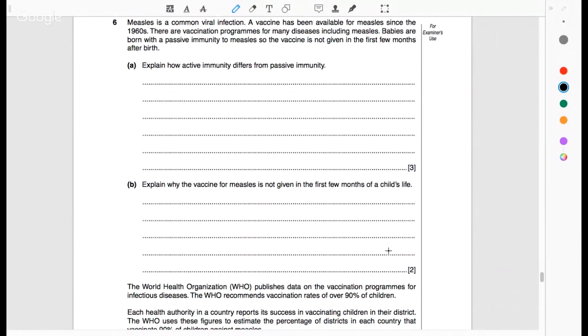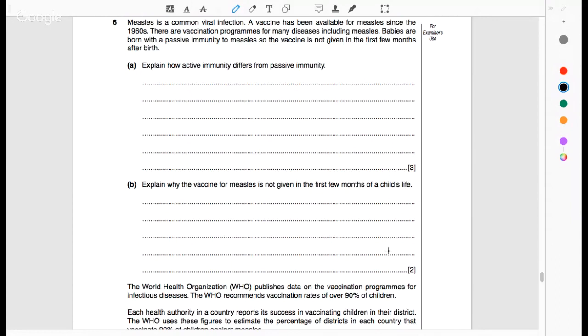To gain active immunity, an immune response is triggered, and in passive immunity, there's no immune response triggered. In active immunity, you produce memory cells, and that doesn't happen in passive immunity.